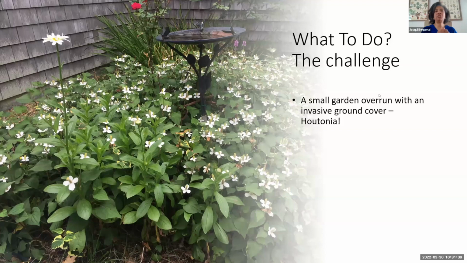Here's another challenge. This is a small pocket garden that was overrun with Houttuynia. If you have ever had to deal with this chameleon plant, it is beautiful, but it forms an aggressive mat. I think it's 10 times worse than mint. It has an awful smell, and it works its way into everything.